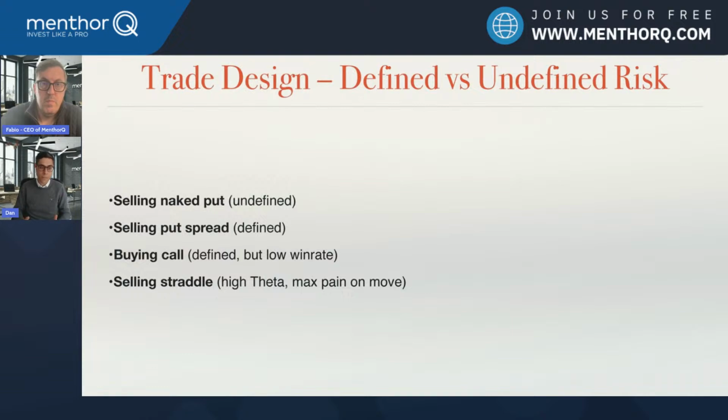It's not undefined. You sell a straddle, you have high theta. A straddle is two options at the money. A strangle is two out-of-the-money options. They're both naked. So this means you need, in the end, to get a credit, and this credit gives you some safety.